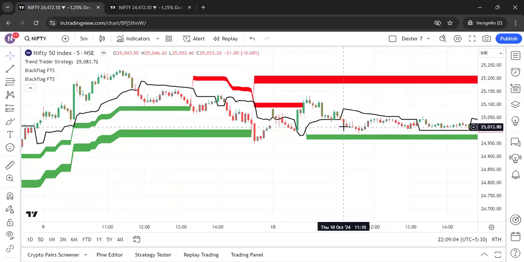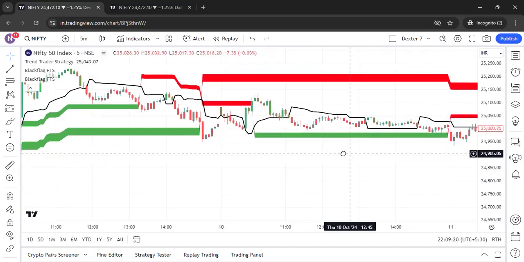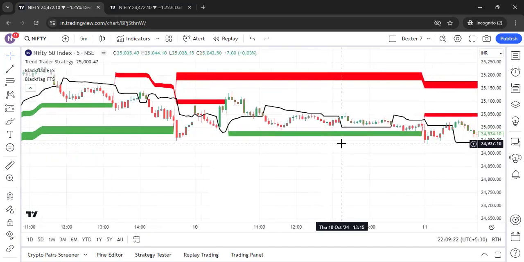My stop loss would have got it. So it is all dependent on you. Either you wait for it to touch your black flag, or you take your 20, 25, 30 points and you get out, because you have to understand that this particular indicator or setup or strategy is only for scalping.